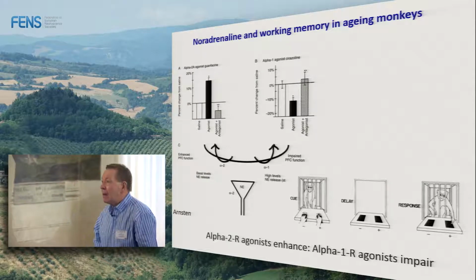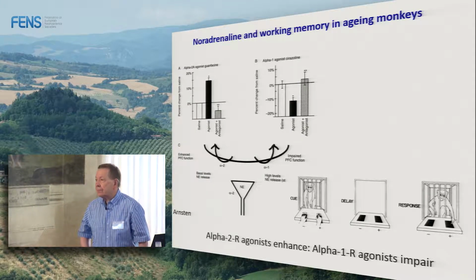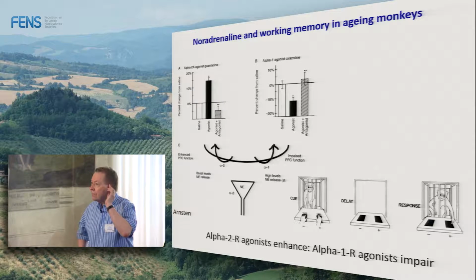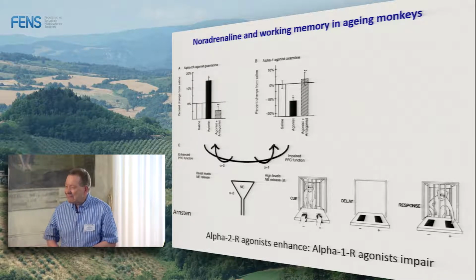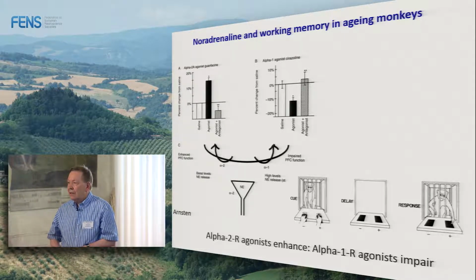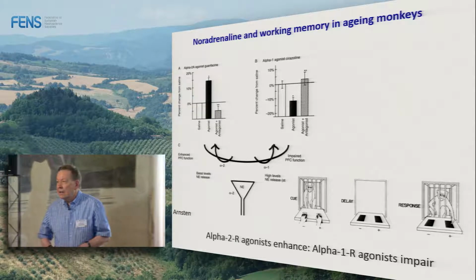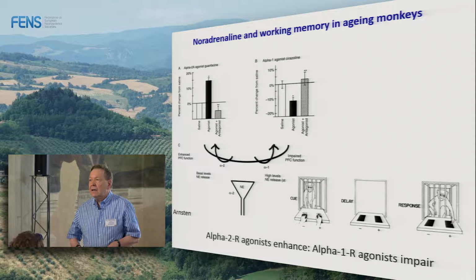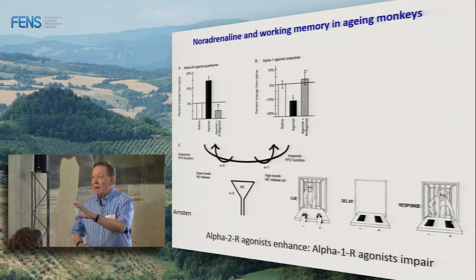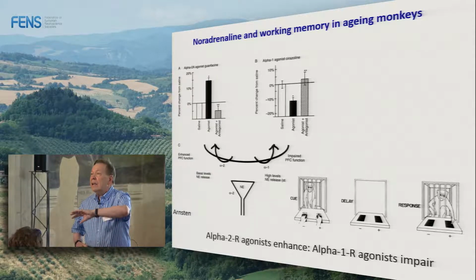It's just a question about working memory in general, actually, because we're looking into cognitive function in humans. Yeah. So working memory is hard to define. Typically, as you see here, it's like remembering a specific location of something. But the definition of working memory is the ability to store something, manipulate it, and act on it.